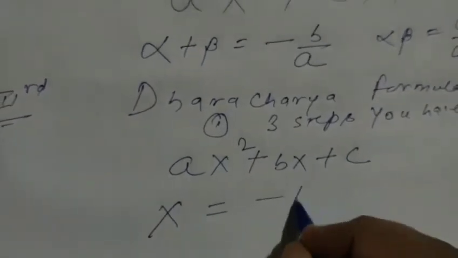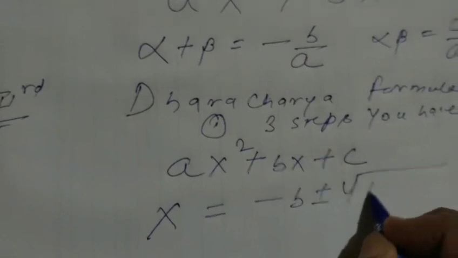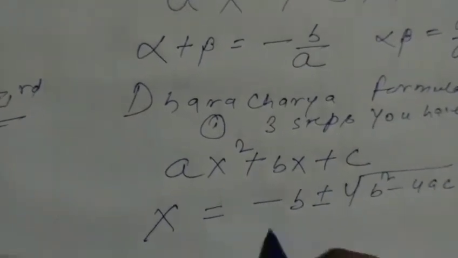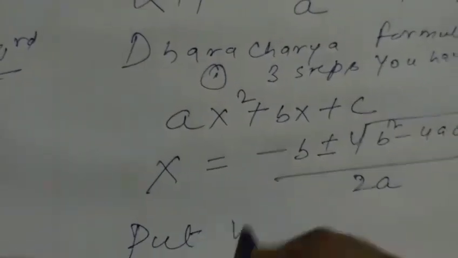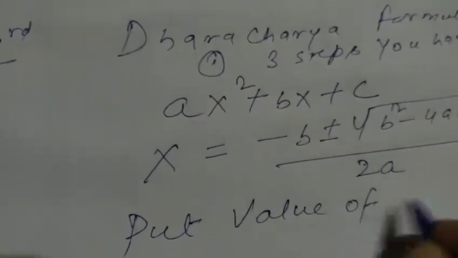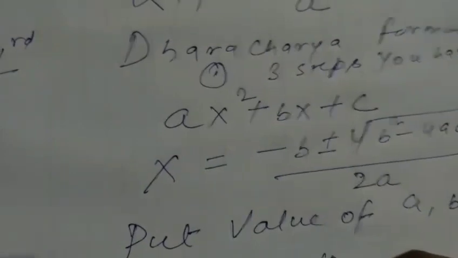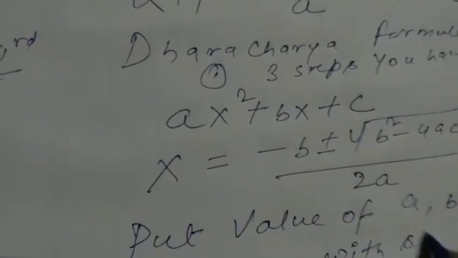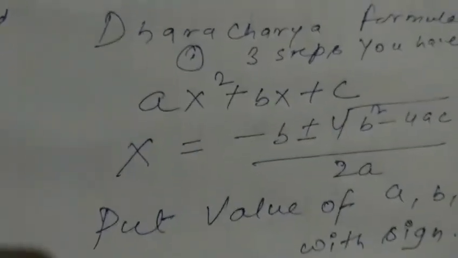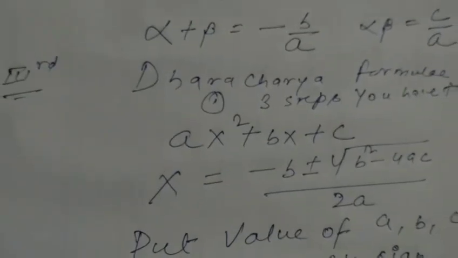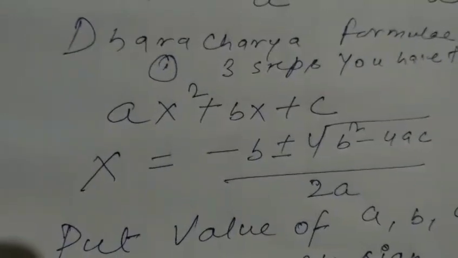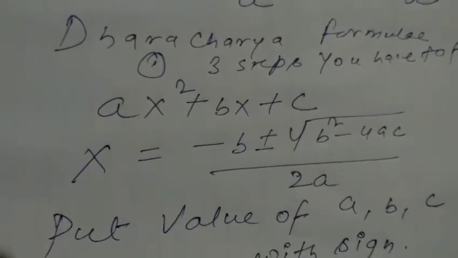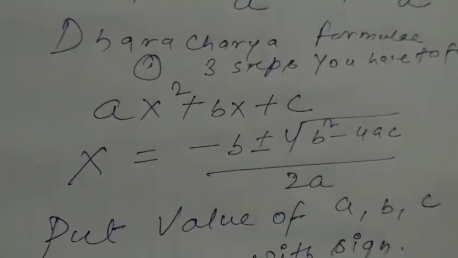Two, the Dharacharya formula is x equals minus b plus minus under root b square minus 4ac upon 2a. And third, put the values of a, b, c with sign. This is the Dharacharya formula, the third part of our chapter quadratic equation.